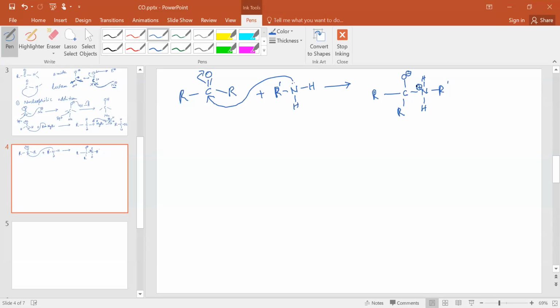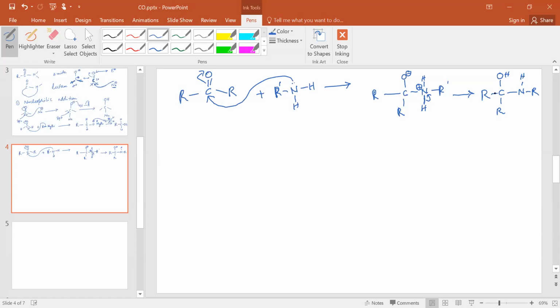Now one of the hydrogens of this nitrogen will break off and move onto O minus. So it will be ROH, and then you have another hydrogen and then nitrogen here and R. You see, the positive charge on nitrogen will be neutralized because the bond pair of the nitrogen-hydrogen came completely to nitrogen. Okay, so this is the product this will form.